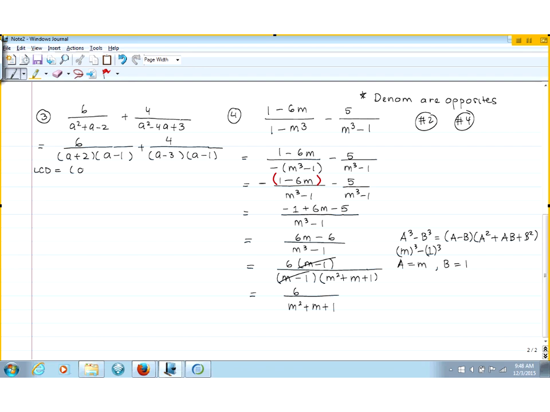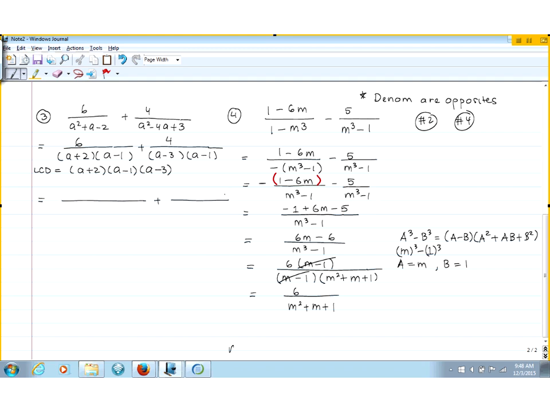What's the LCD? A plus 2, what is the highest exponent for A plus 2? Yeah, 1. And then A minus 1, what's the highest exponent? 1. And the last one? A minus 3, yes. Okay, almost done.